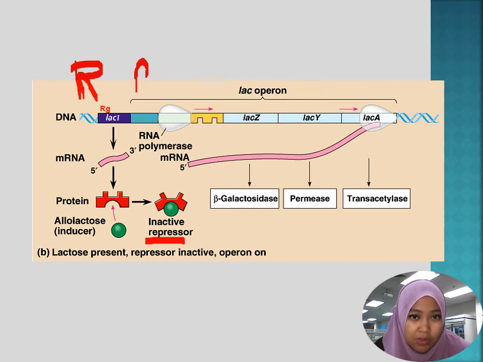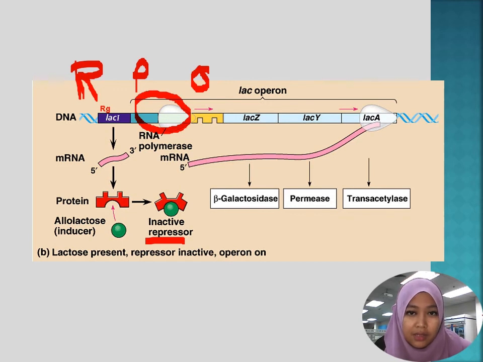This one is the promoter, the location where the RNA polymerase will stay. The yellow one here, O, the operator, is the location where the repressor will bind.